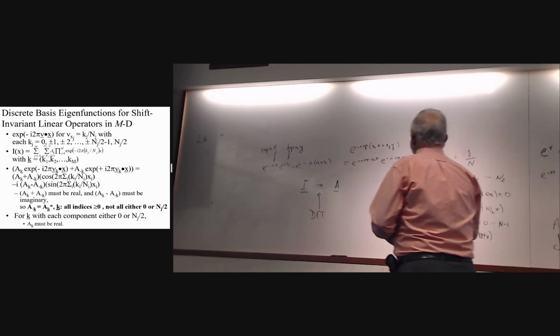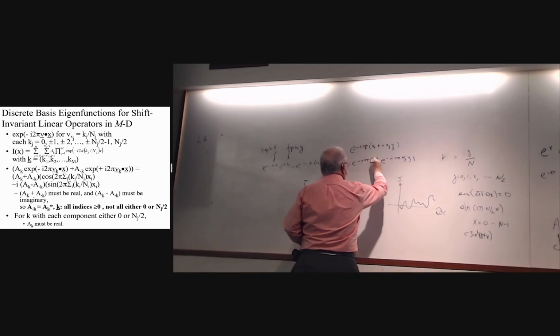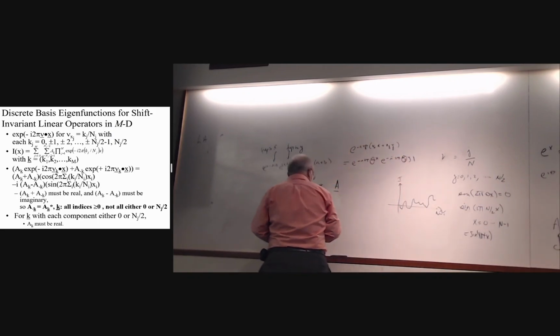Now we come to that condition that gives you half. You remember in one dimension it was that for positive frequencies the corresponding coefficient at negative frequency had to be the complex conjugate of the coefficient at the positive frequency. But now we have frequencies that are pairs. We have the x frequency and the y frequency.